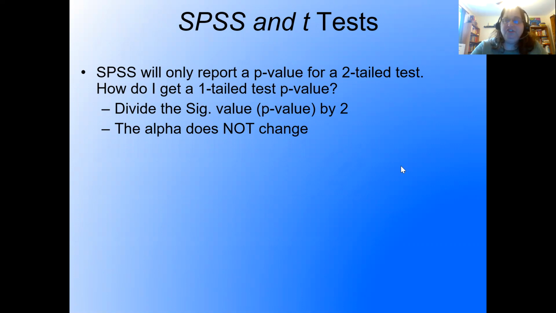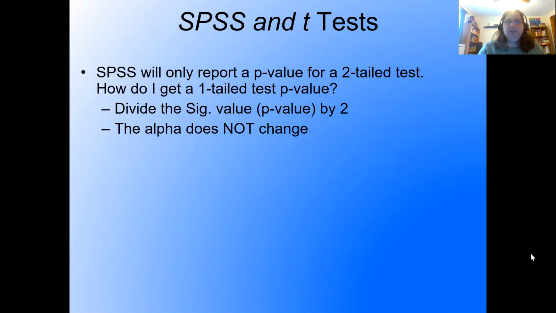Nothing else changes. Only the sig value. That's the only thing you divide by 2. Leave everything else alone. Okay. And that's true for any t-test, and it's going to be true for any of the tests we talk about going forward. That's how you get from two-tailed to one-tailed.